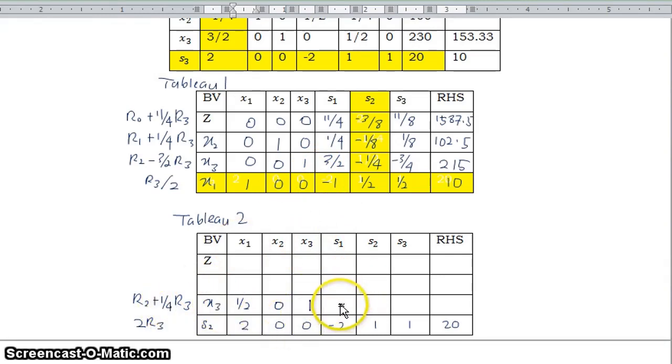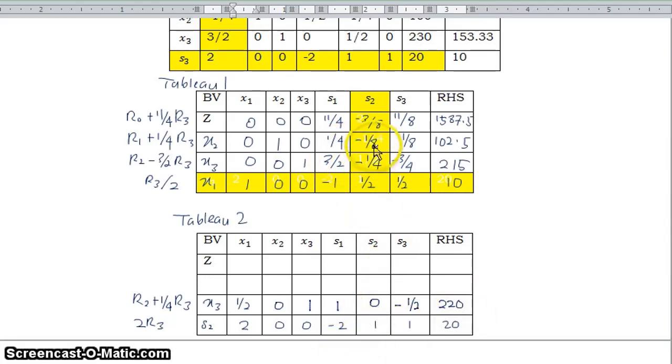S1 is 3 over 2 plus 1 over 4 times negative 2. We get 1. For S2, negative 1 over 4 plus 1 over 4 times 1. So we get 0. S3, negative 3 over 4 plus 1 over 4 times 1. We get negative 1 over 2, and the right hand side we get 215 plus 1 over 4 times 20 is 220.